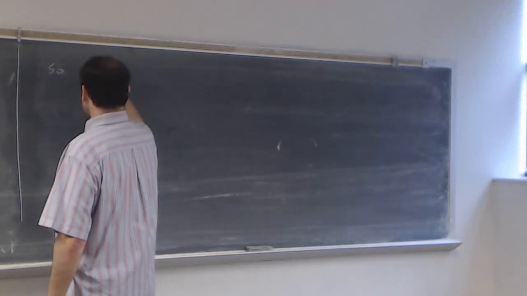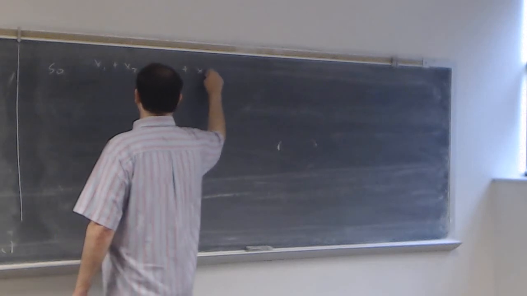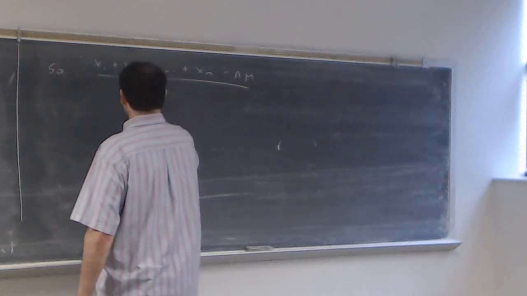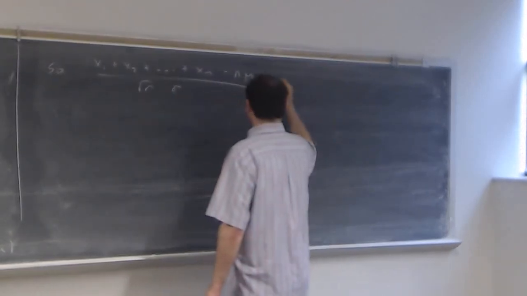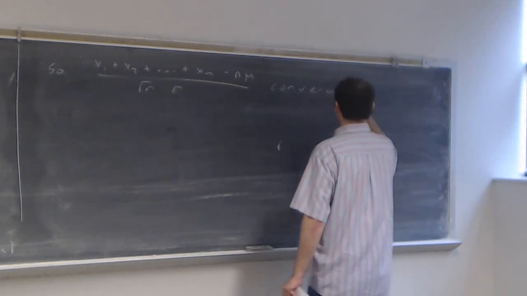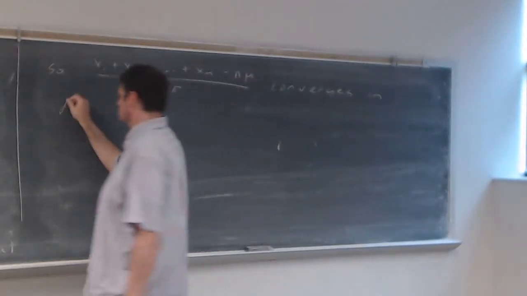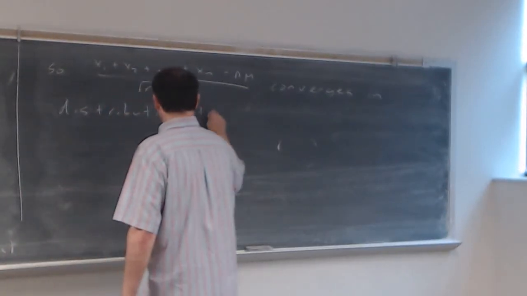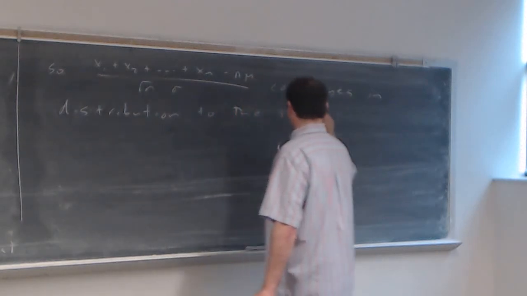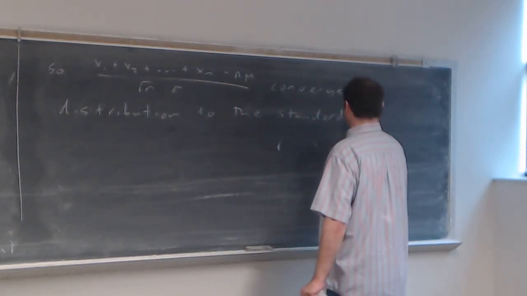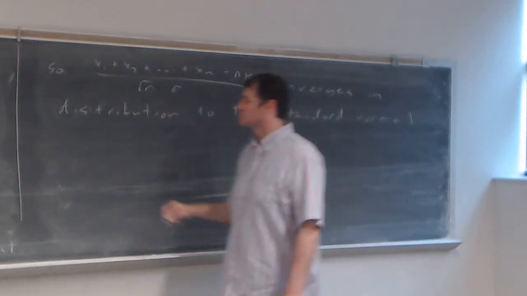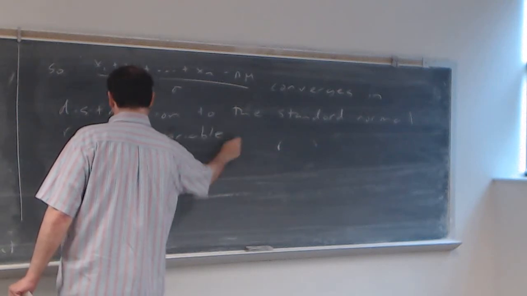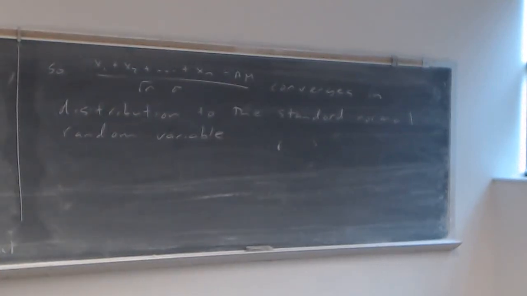And then what we get is x of 1 plus x of 2 plus all the way to x of n minus n number of mu's, all over the square root of n times sigma, converging in distribution to the standard normal. Okay, and that is the proof.